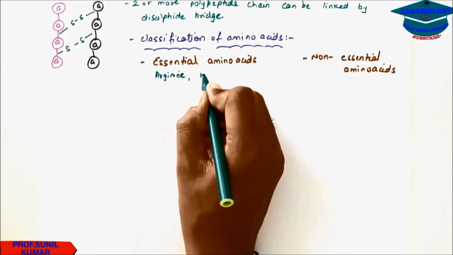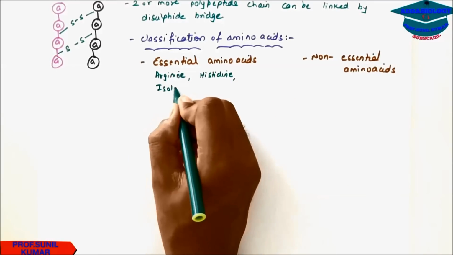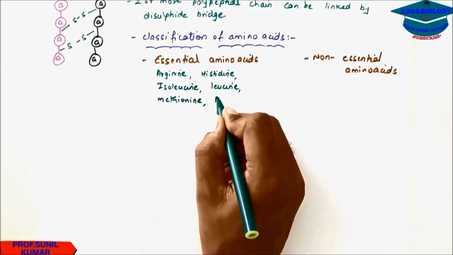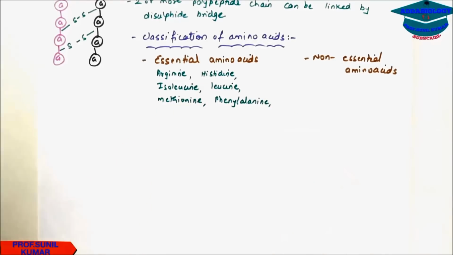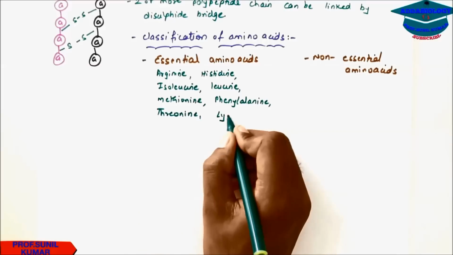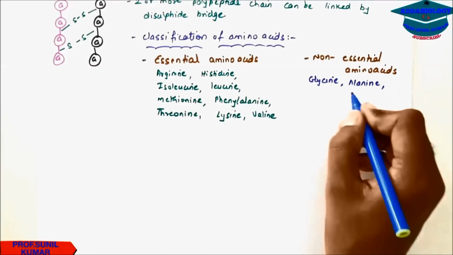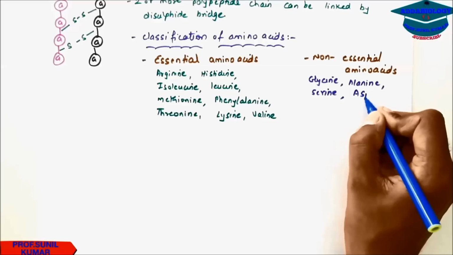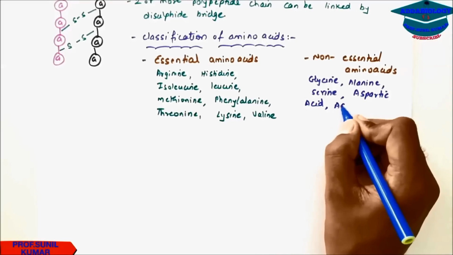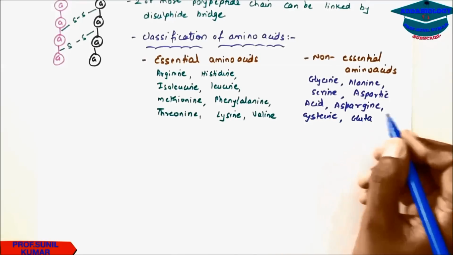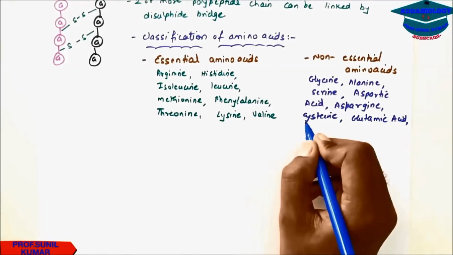Non-essential amino acids are synthesized in the body. Essential examples: arginine, histidine, isoleucine, leucine, methionine, phenylalanine, threonine, lysine, valine. The non-essential amino acids are glycine, alanine, serine, aspartic acid, asparagine, cysteine, glutamic acid, proline, and tyrosine.